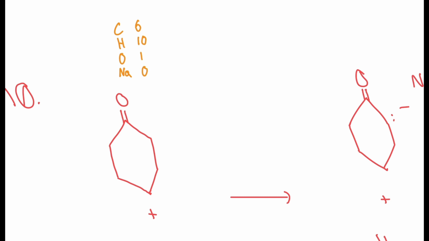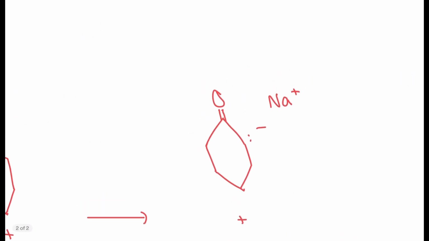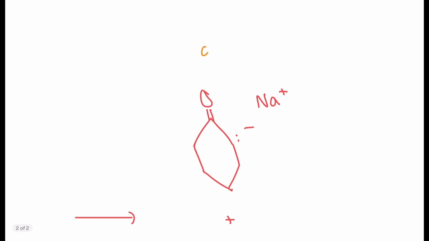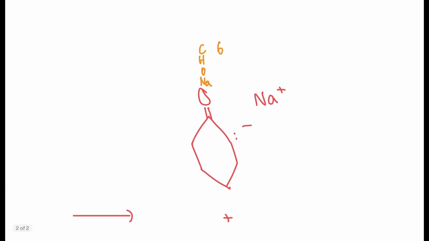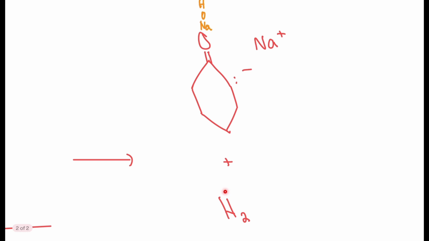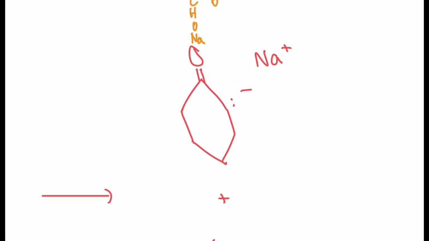We have no sodium. On this side, we have C, H, O, sodium. We have 1, 2, 3, 4, 5, 6 carbons. We have 1, 2, 3, 4, 5, 6, 7, 8, 9, 10 here. However, here this is different.